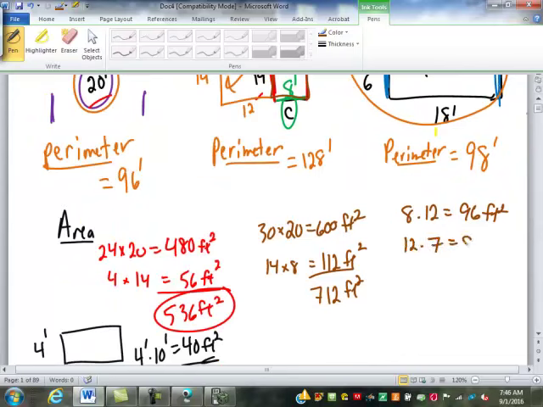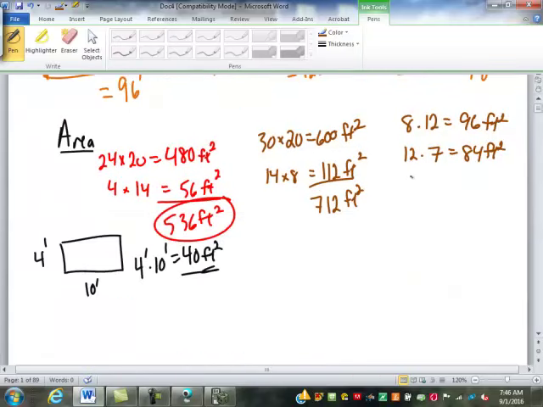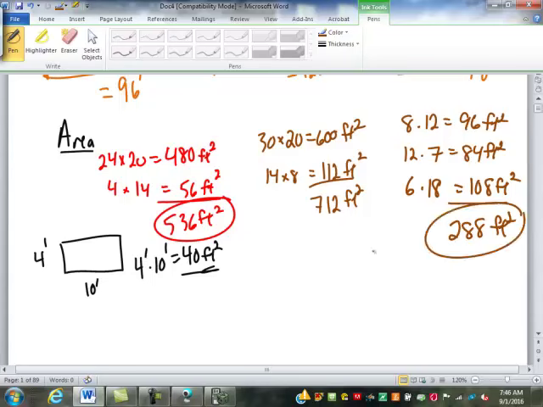And then the bottom here is 6 by 18, I should say, and we add that up to get, what, 288? How many of you got that one right? Anybody have questions on how to find those?